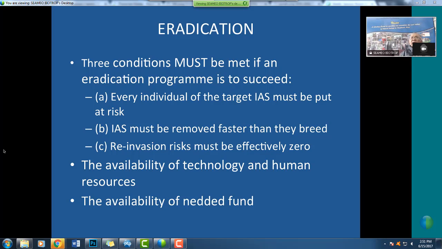The invasion risk must be effectively zero, and the availability of technology and human resources is secure, and the availability of needed funds is also secure.